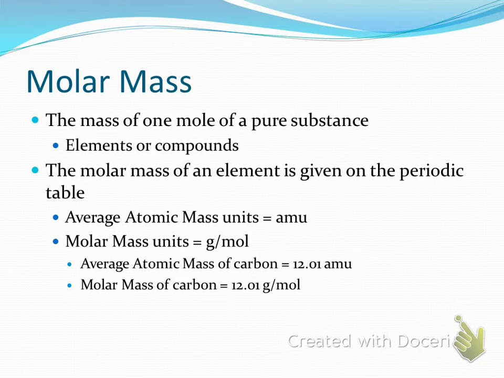So if I ask you for atomic mass, you would label it AMU. If I asked you for molar mass, you label it grams per mole. Okay? Question so far? Everyone knows what AMU stands for? Atomic mass unit. Right, that should be a clue for you. That's what you use when you find atomic mass.